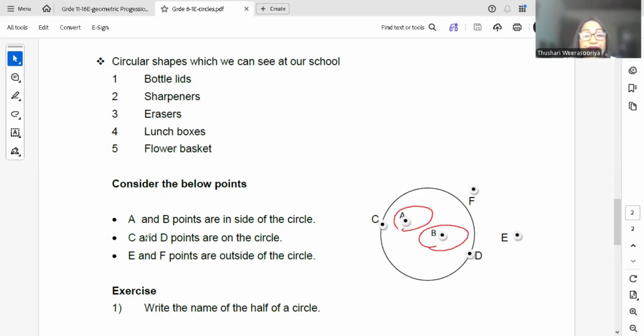That is inside. C and D are on the circle. This is the line of the circle. C and D are on the circle. You can see. Then E and F points are outside of the circle. I assume you can understand about these points.